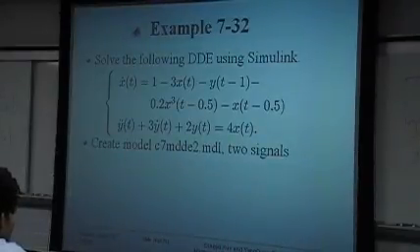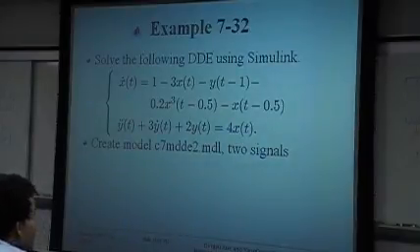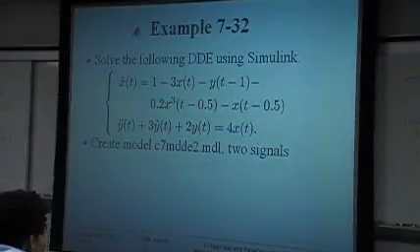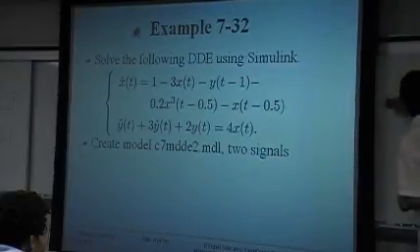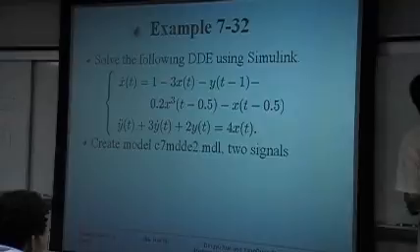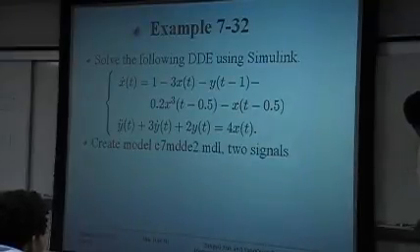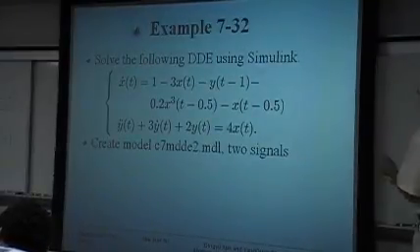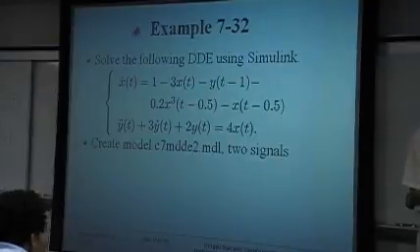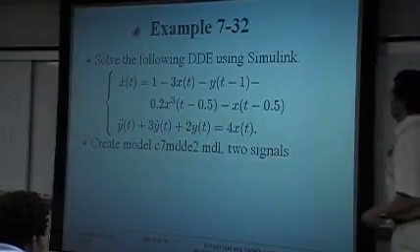So what about the first equation? This is a description of the second equation. So what is the first equation? In the first equation, we have to add a few signals together. One is a constant 1 for this part.